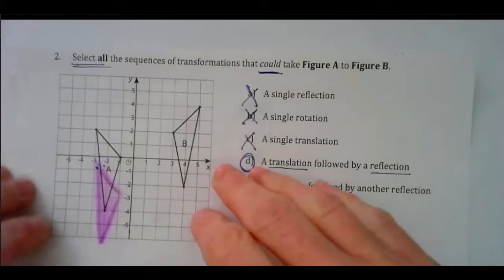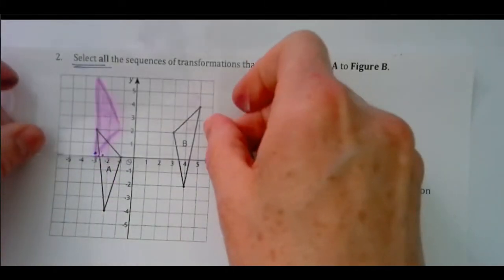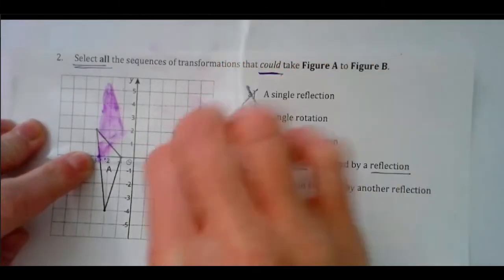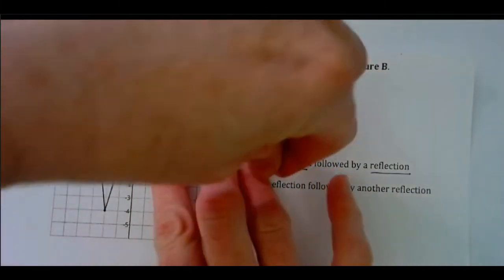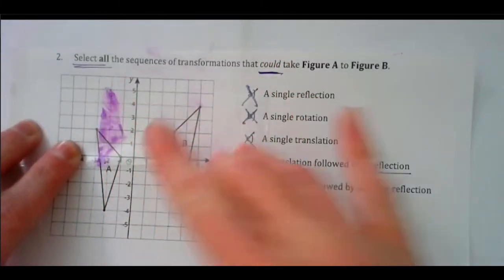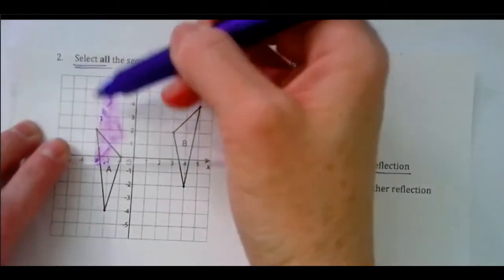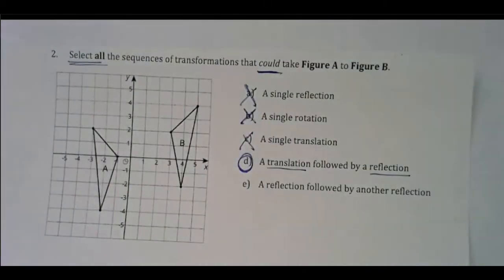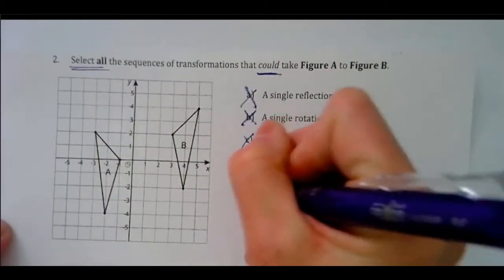So even if I was to reflect up here, if I reflected over, if you notice my long side is on top, my long side would be on top and my short side, yep, so that won't work either. The only option is D.